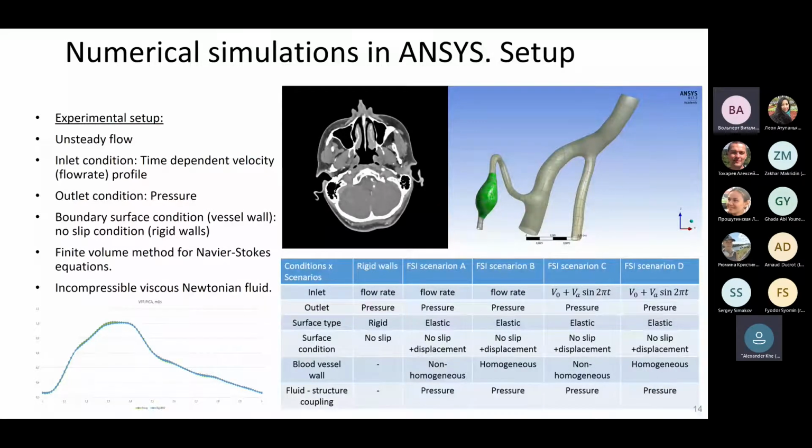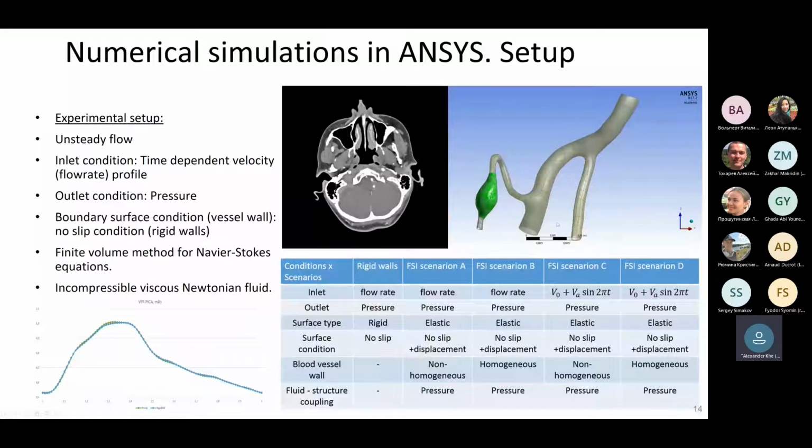Yeah, okay, so as the first example, I would like to show you our simulations comparing two approaches, the rigid wall approach and the elastic wall approach. This is a configuration from the Federal Neurosurgical Center.